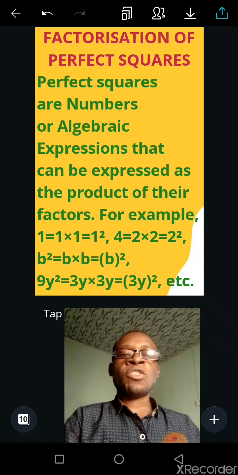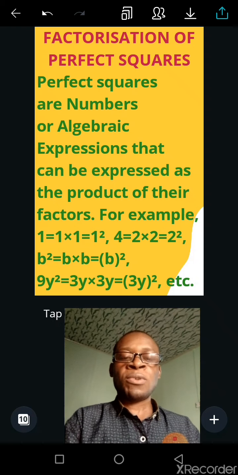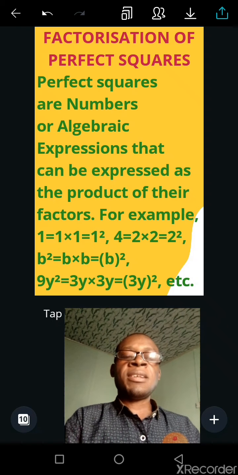B squared equals B times B, which is equal to (B) raised to the power 2. 9y squared equals 3y times 3y, which is equal to (3y) raised to the power 2, etc. You can see for each of the numbers or expressions that they can be expressed as the product of their factors.